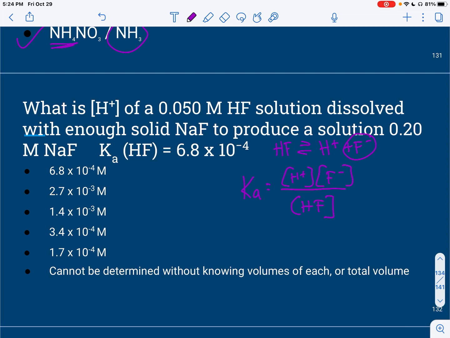H plus we don't know, but Ka we do, 6.8 times 10 to the negative 4. Our F minus is going to be 2.2, and then we have 0.05. So when you do that math out, you get H plus is equal to 1.7 times 10 to the negative 4. And of course, you don't need to know volumes because you're given molarity. Okay, that last one doesn't make any sense.